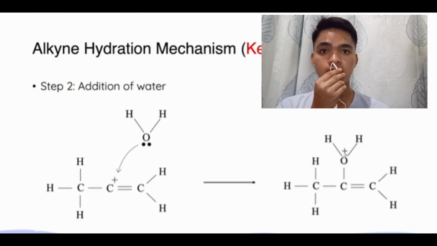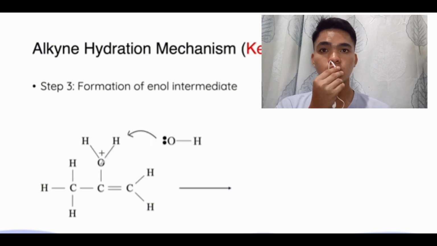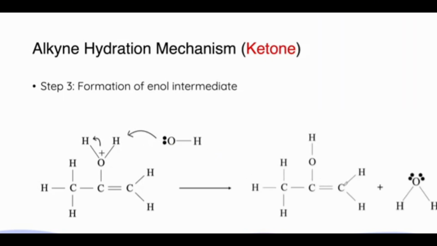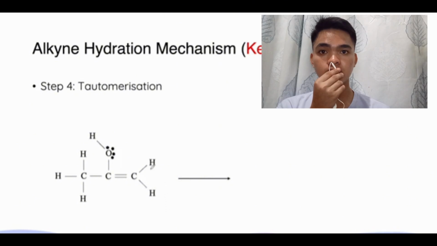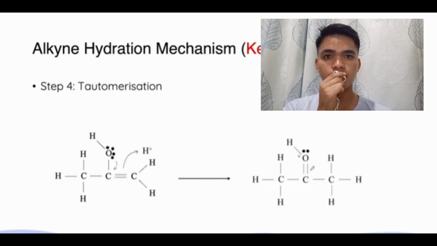From there, hydroxide presumably formed from a base catalyst deprotonates the unstable oxonium intermediate. As a result, we form an enol intermediate as well as regenerating the catalyst. From here, the enol intermediate can then undergo tautomerization in order to stabilize its bond. Here we have the shift of this double bond into this position.